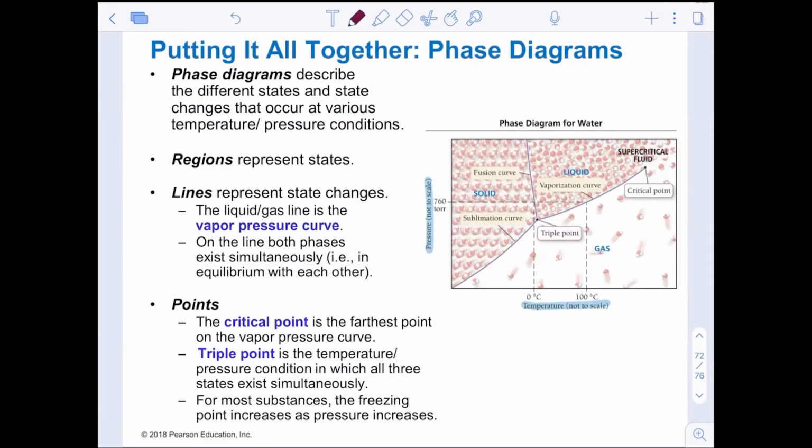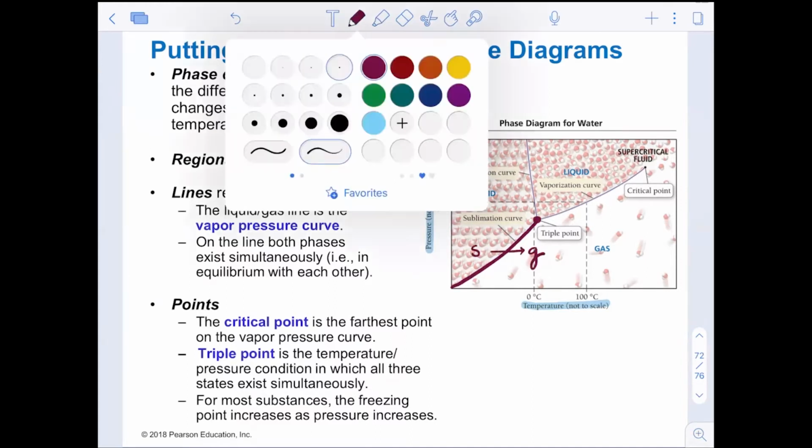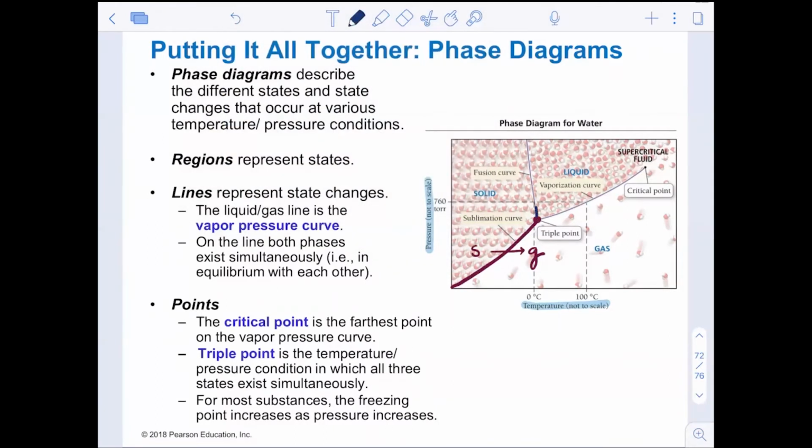I want to highlight here the three main curves. This is the sublimation curve. It goes from solid to a gas. This is the fusion curve. This is solid to a liquid.